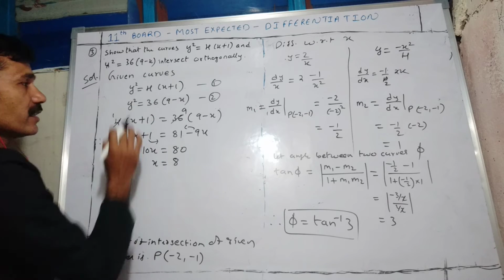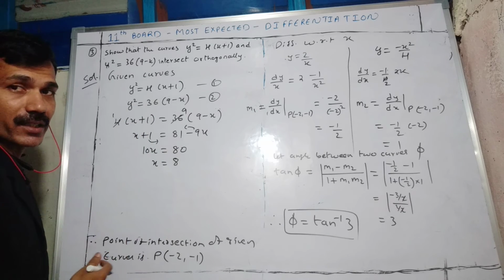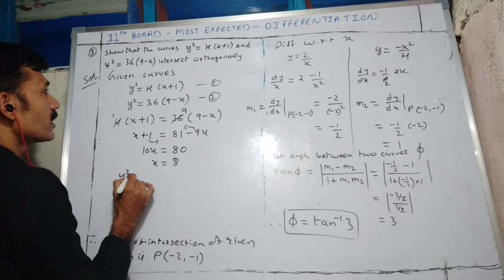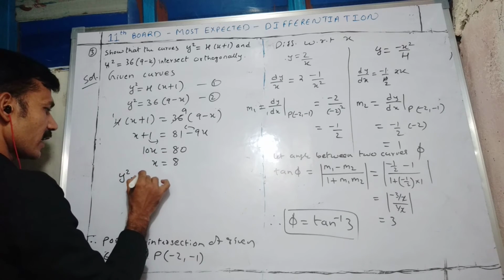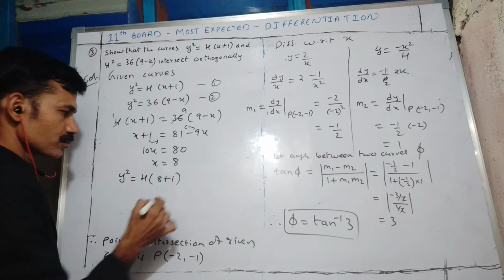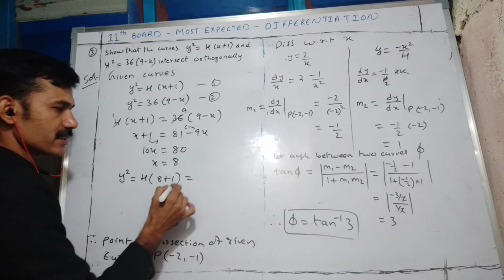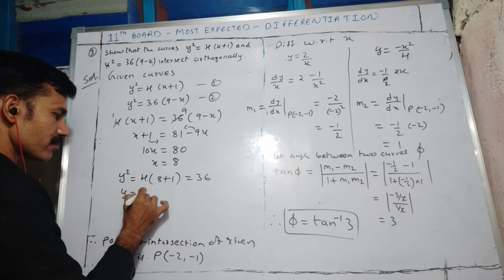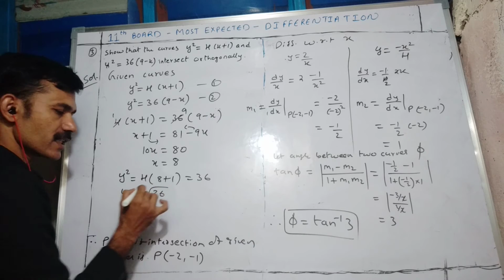If you substitute into any one of the equations, then we'll get the point of intersection of both the curves. y square equal to, any equation, 4 times (x plus 1), x value we got 8. So 4 times 9 it is. 4 times 9 means 36. Then the y value will be plus or minus under root of 36.